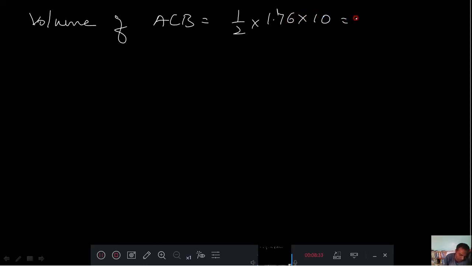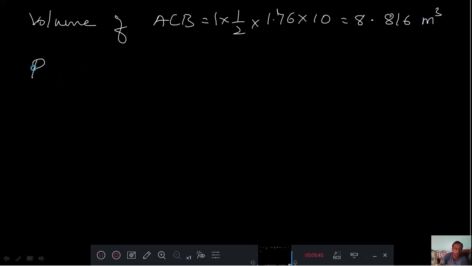Okay, then what is the volume of that wedge? Volume of ACB is equal to half into 1.76 into 10 meter. This is 8.816, actually into 1 meter now, because perpendicular to the board 1 meter. This is your meter cube.